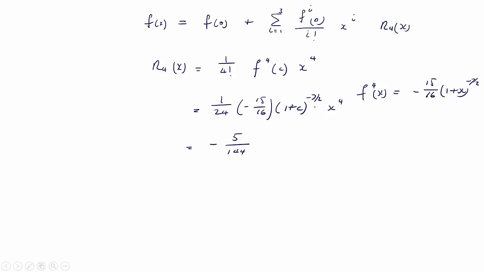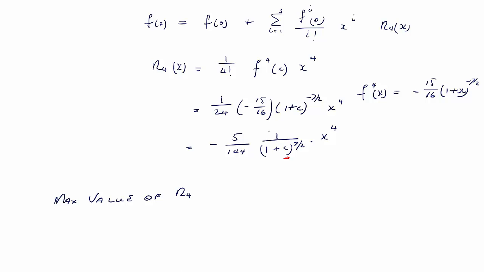The power here is -7/2, so let's just look at it like this: x to the 4th divided by (1 + c) to the 7/2. So here we've got R4 depending on some value of c. We don't know what c is, but what we can think about instead is the maximum value of R4. R4 maximum occurs when c equals 0.